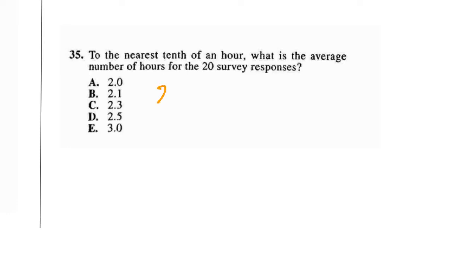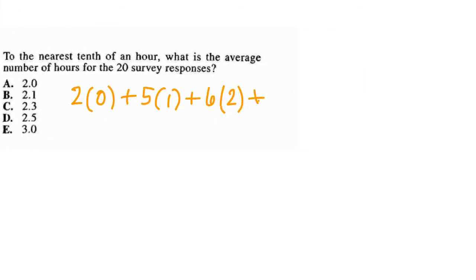So we have 2 times 0 plus, and we had 5 students to study 1 hour, plus we had 6 students to study 2 hours. So here I'm really just going through seeing our total number here. Let's see, we had 6 to study 2 hours, 4 to study 3, 2 to study 4, and 5 to study 1.